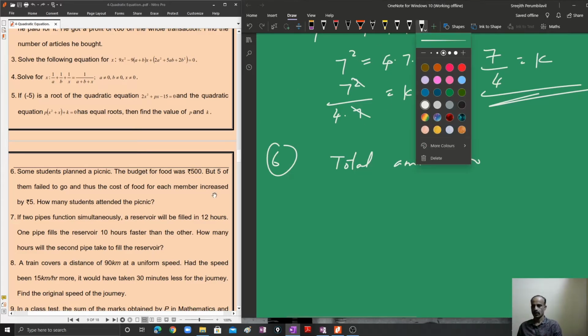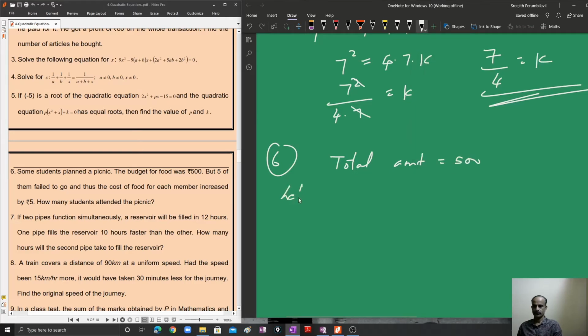So we'll take, let the number of students be equal to x. Therefore the cost per student, or we can say rate.